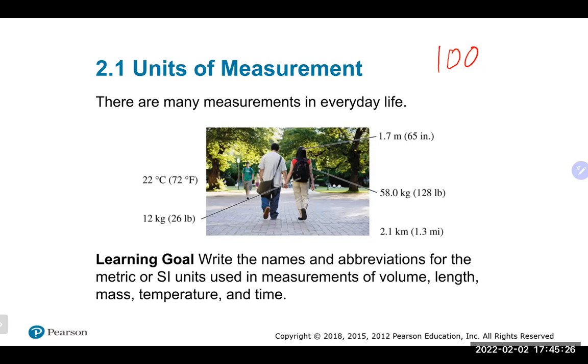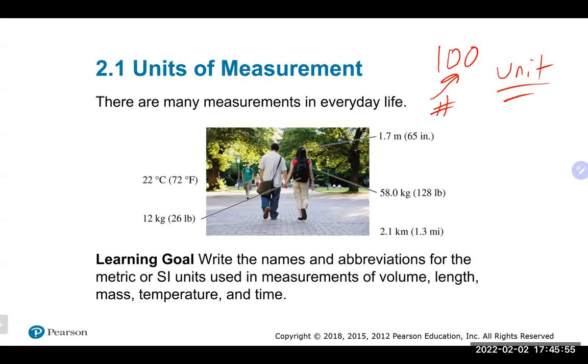If I have $100, that's very different than if I have 100 pennies, or if I have 100 apples, maybe somebody likes apples. So it's always important, especially in chemistry and especially in science, that we not only record a number when we take a measurement, but the unit is extremely important. And you should always have units associated with any type of measurement that you take.